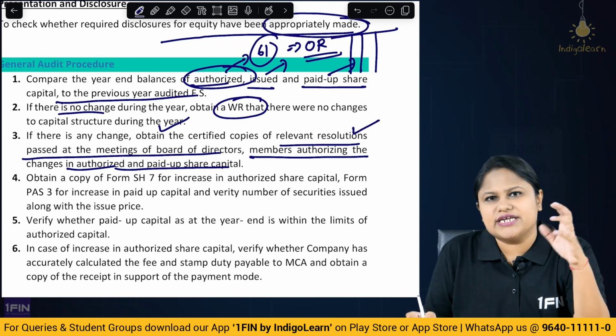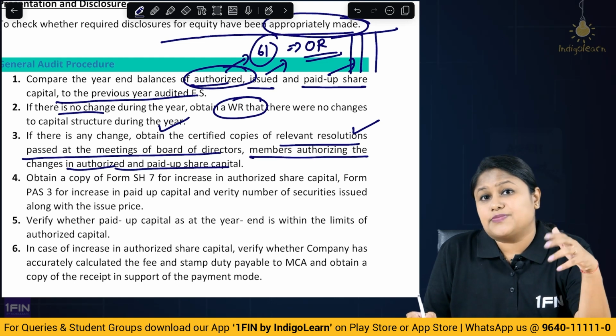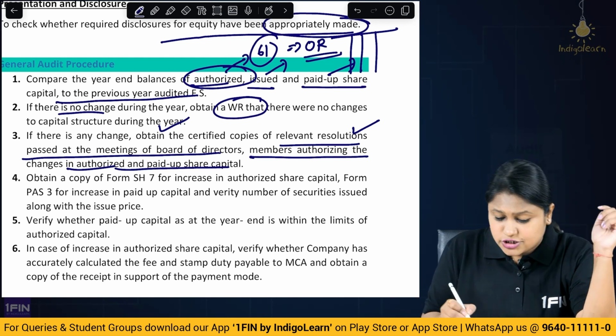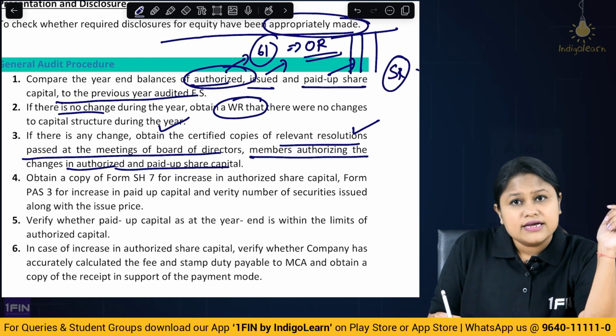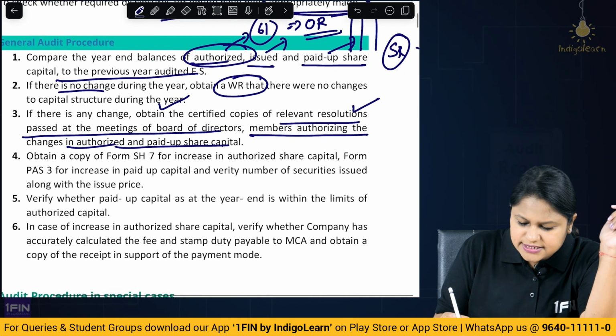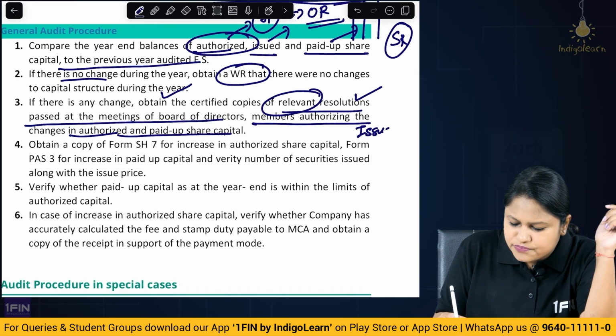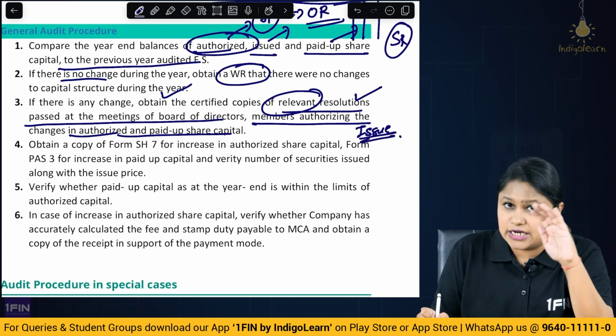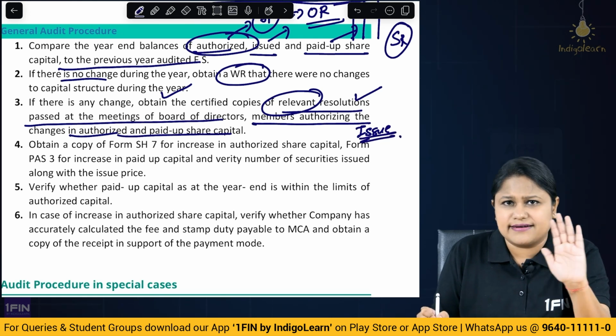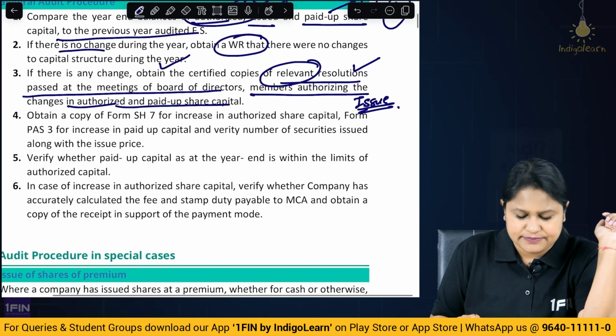So when you issue sweat equity shares, you have to obtain a special resolution from the shareholders. So special resolution also you have to obtain, correct? So you will obtain certified copies of the relevant resolution. Relevant resolution means for that particular issue, what kind of resolution is required by law, whether the company has passed that resolution or not, those copies you have to obtain, okay?